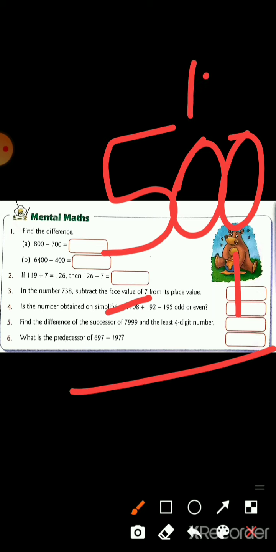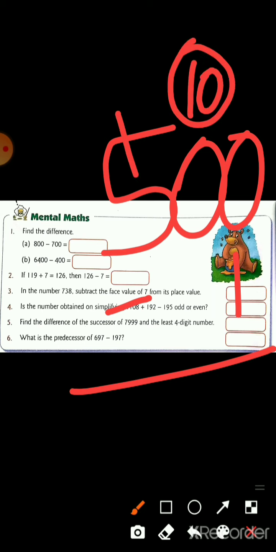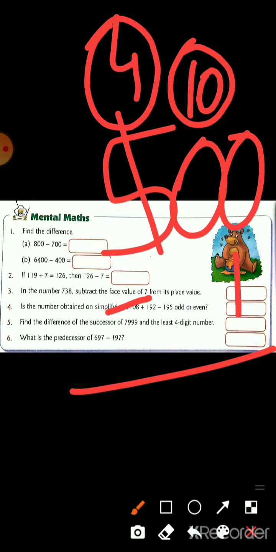And the predecessor of 500 is equal to how much? I have already said that to get the predecessor of any number we have to subtract 1. So 500 minus 1 is equal to how much? We can't subtract 0 minus 1. So here 10, here 4, because here also we can't borrow.